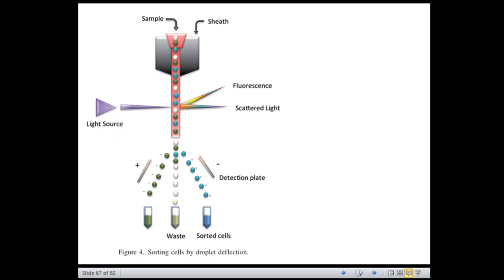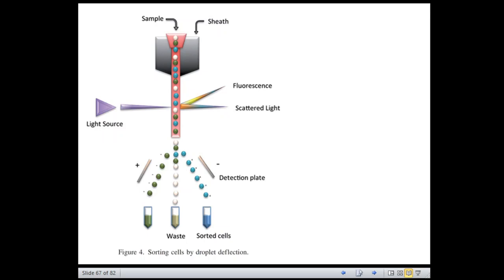FACS, fluorescence assisted cell sorting system, is a specialized type of flow cytometry which provides a method for sorting a heterogeneous mixture of fluorescent tagged cells into two or more containers once they are initiated for cell sorting.